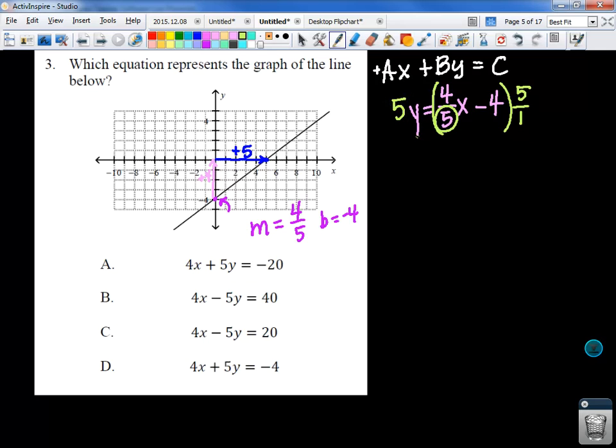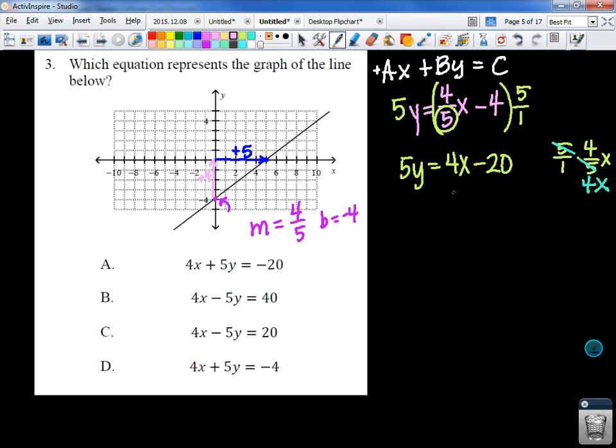So 5 times y is 5y, and 5 times 4/5 x, these 5's cancel and leave us with 4x. So we have 5y equals 4x, and 5 times -4 is -20.